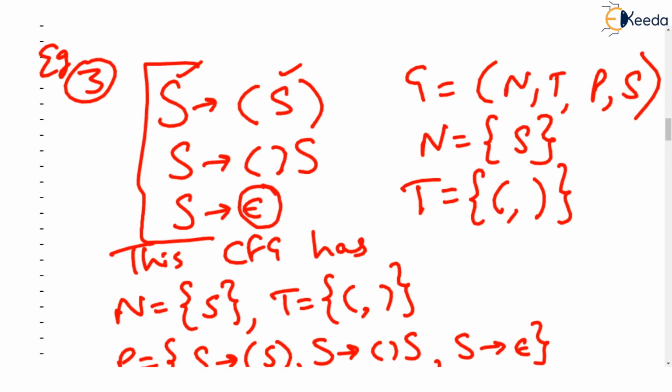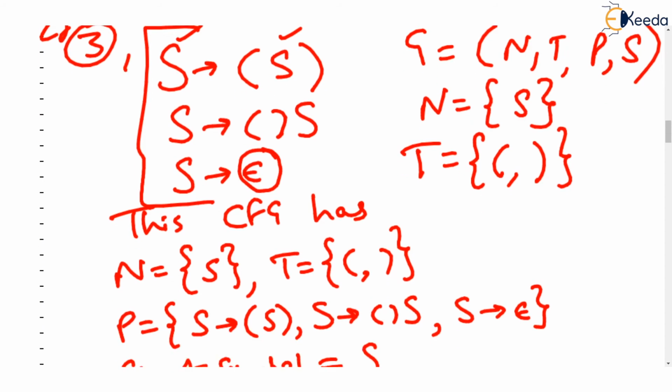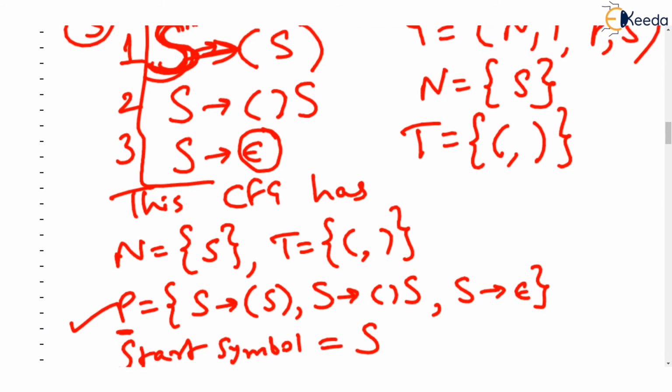Epsilon means empty string. It won't be counted in the terminal set. And what about the productions? Yes, there are three productions, production 1, 2, and 3, which go in this P set. P is the set of productions. And the start symbol clearly is this capital S, which is written on the top left corner of the very first production. So start symbol is S.